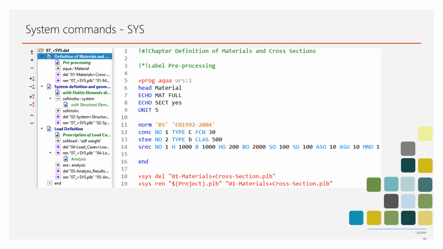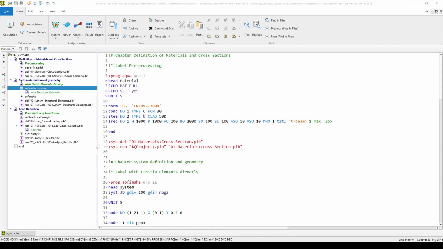A common use case of the sys command when you work in TEDI is when the report file of one specific module needs to be stored in the project folder with a specific name referring to the model that had been calculated. In this case, the following two sys command lines can be used.